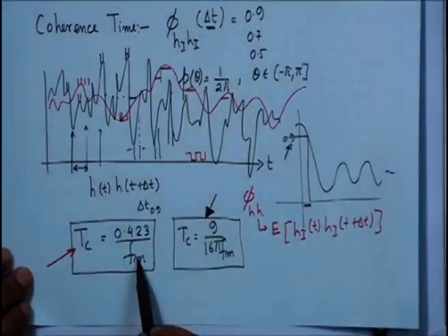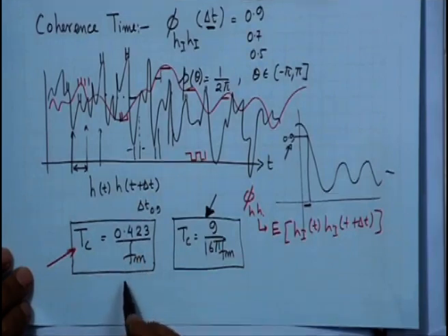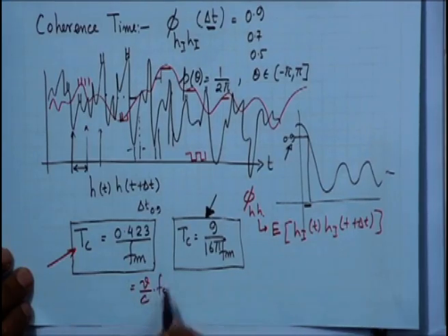The coherence time, as you have seen here in this particular expression, is affected by FM, which is the Doppler frequency. This FM is a function of velocity, as well as a function of carrier frequency FC. So, basically FM is equal to V by C times FC.